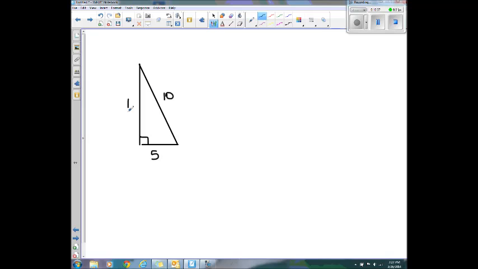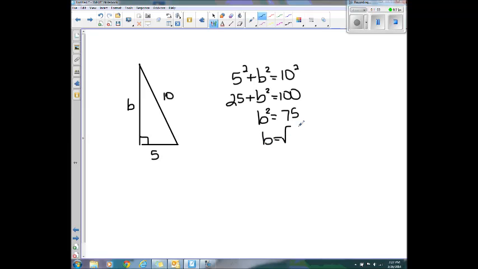What I'm missing now is my b, but I still have to set it up so that a squared plus b squared equals c squared. So now when I take 25 plus b squared equals 100, when I subtract 25 from both sides, I'll find out that b is equal to the square root of 75.